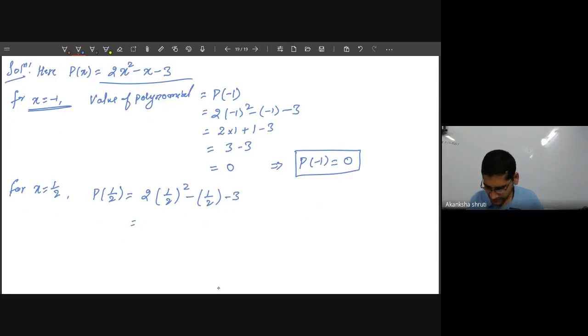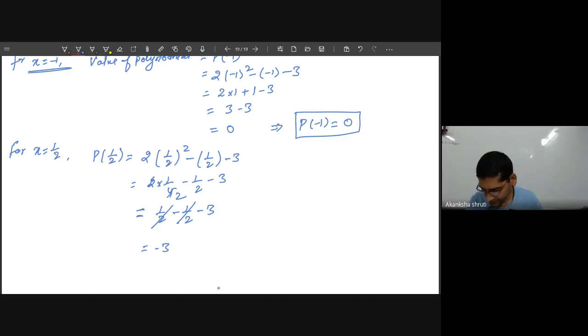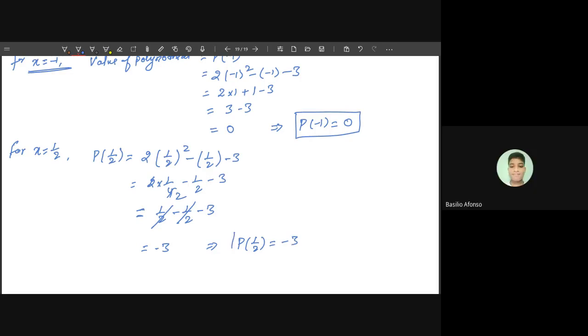So it is 2 into 1 by 4 minus 1 by 2 minus 3. You may cancel the 2. Now see, 1 by 2 minus 1 by 2 will get cancelled, leaving minus 3. So p(1 by 2) is minus 3.